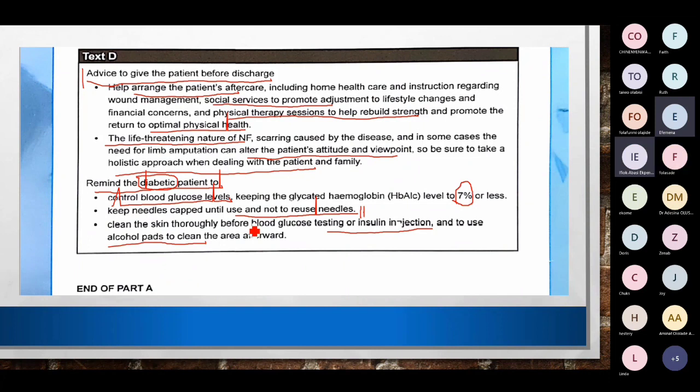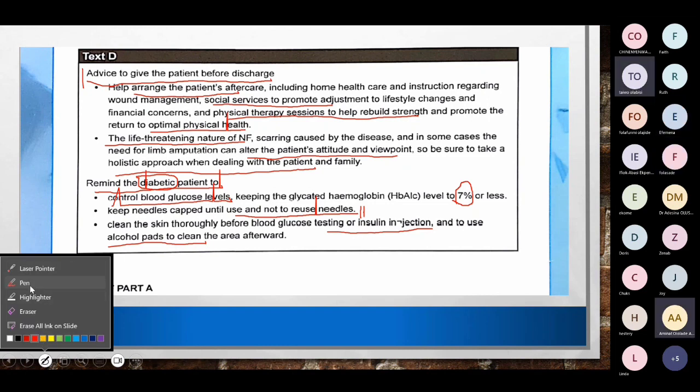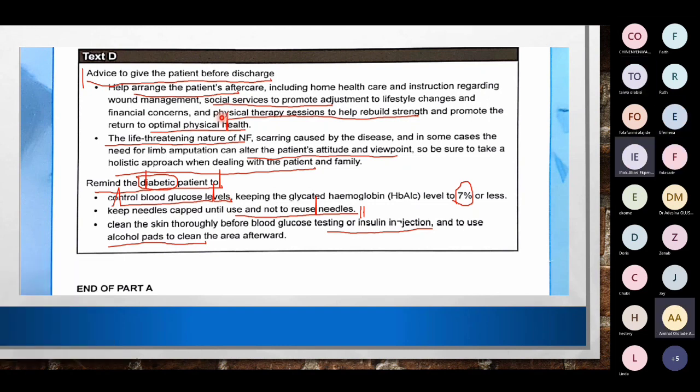Are you saying physical therapy? Let me highlight it for us. It says physical therapy sessions to rebuild strength. So the answer is what? Physical therapy.